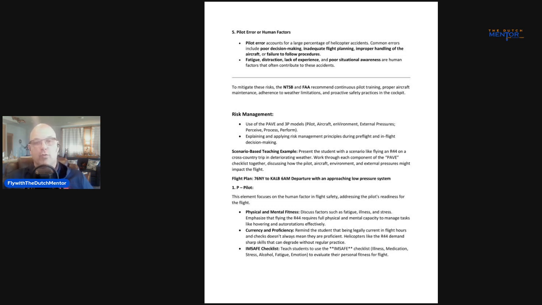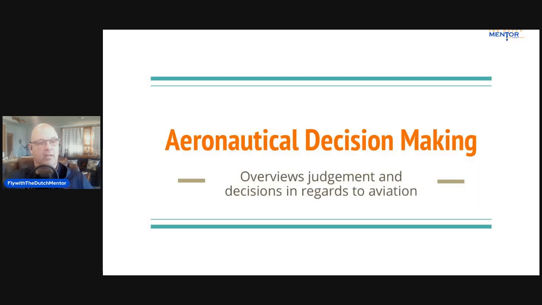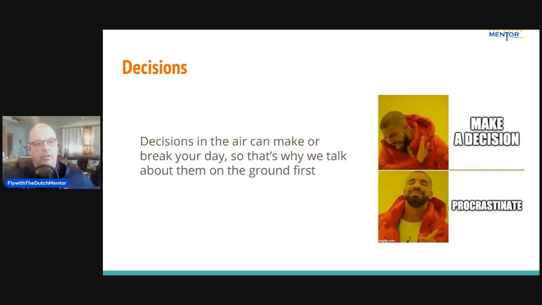All right, let's switch over to the PowerPoint, because in there we're going to be following the PAVE model in order to introduce this lesson plan before we actually take off in flight itself. So what we're going to be doing in the slides for aeronautical decision making is to really look at the human factor and what you should take into account on a day-to-day basis, or really flight-by-flight basis, in order to make the right decisions for you, and if you're flying with passengers, for the passengers, right?